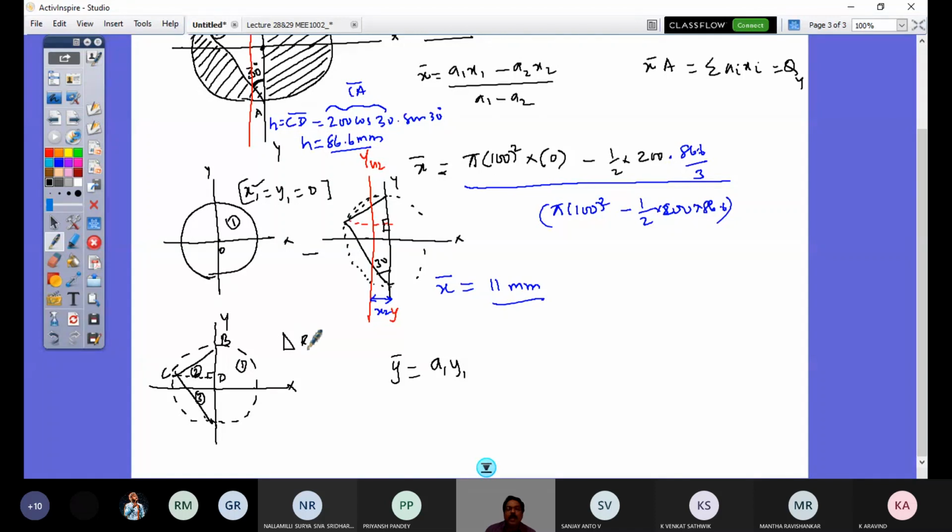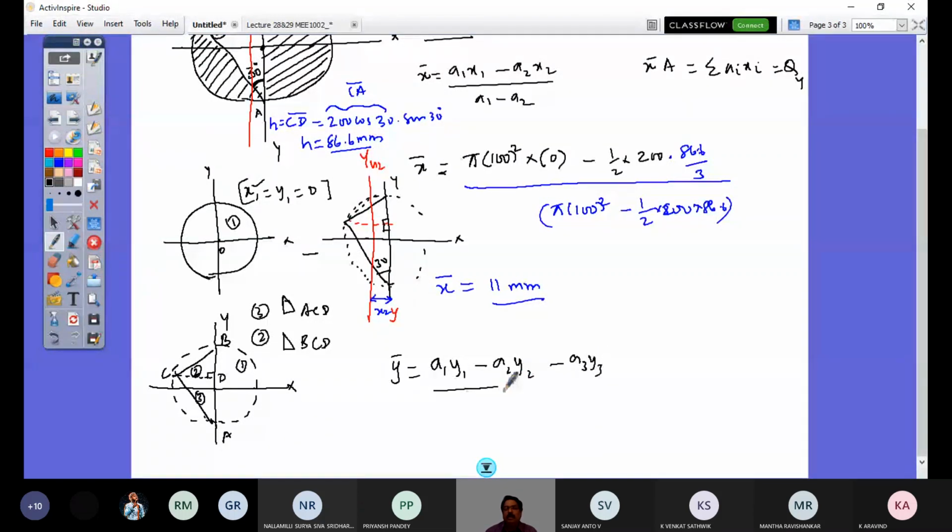What is my triangle 3? It is CDA or ACD. Triangle ACD. So these two triangles I additionally consider, both to be subtracted from the circle. So this is A1 Y1 minus A2 Y2 minus A3 Y3, divided by total area A1 minus A2 minus A3.